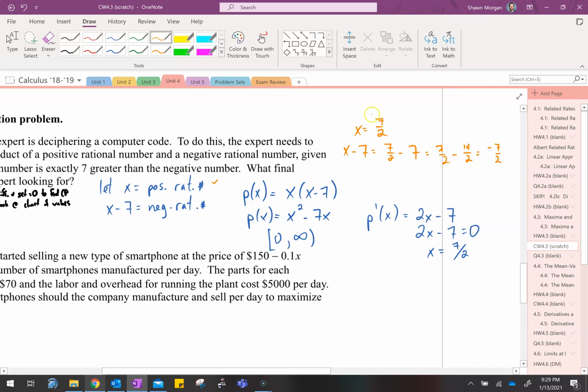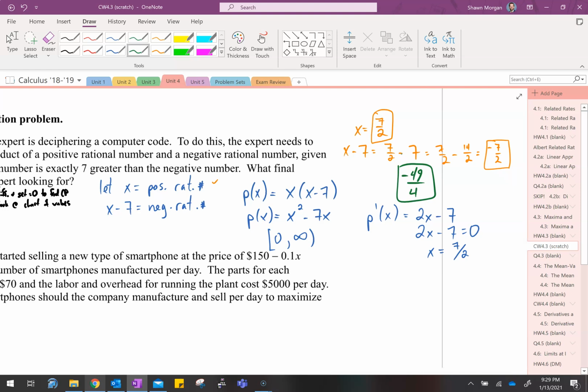So these are our two numbers, 7 halves and negative 7 halves, and when we multiply them together, the product we end up with will be our answer, and that looks to be negative 49 fourths. Negative 49 fourths. All right.